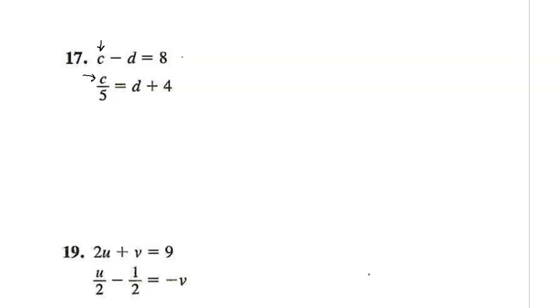I'm going to take the first equation and get the letter C alone by adding the D to the right side. It'll make D plus 8. Then take that expression, D plus 8, and substitute it for the letter C in the second equation.